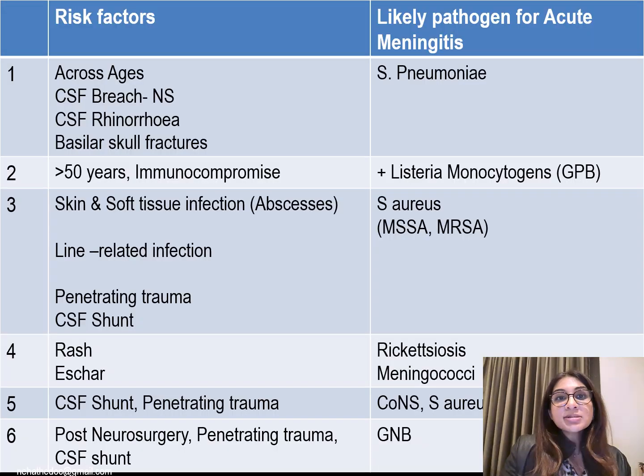So if we look at this, the syndromic approach is important, and as clinicians, we must try and identify the likely pathogen in the syndrome. So, we know that Streptococcus pneumoniae is the most common pathogen across ages. And also, it will be considered if there is a CSF breach, neurosurgery, CSF rhinorrhea, basilar skull fractures.